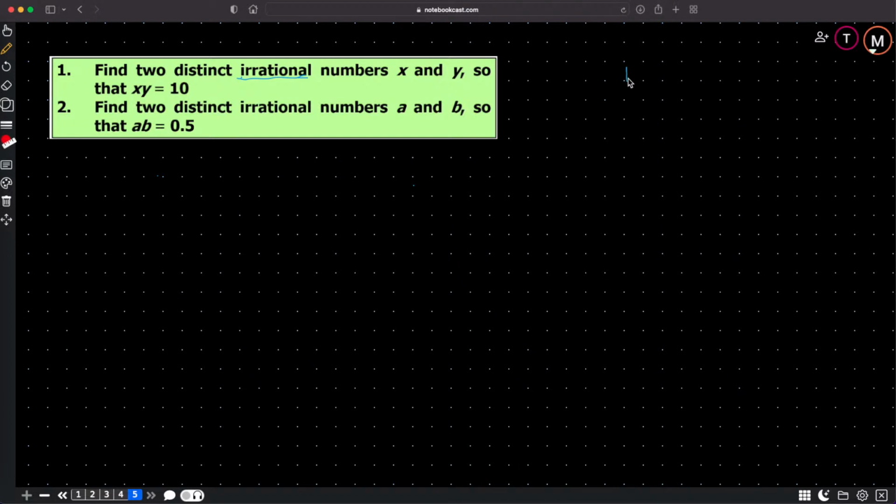Pi is an example of an irrational number. Another way to describe an irrational number is that it has infinite decimal places. So if you talk about pi, 3.147, nope, I'm forgetting it.